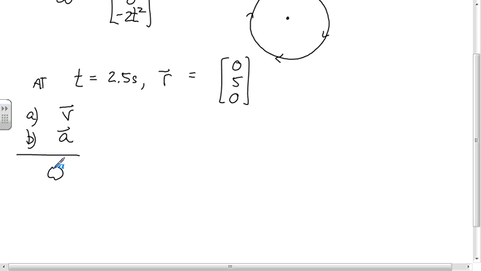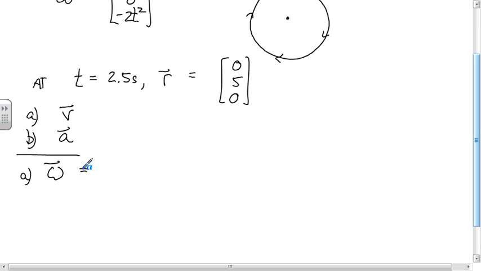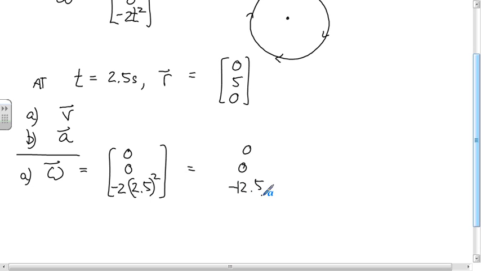And to evaluate the angular velocity, we're just going to plug 2.5 seconds into our function for the angular velocity. So we have 0, 0, negative 2 times 2.5 squared. And so you get 0, 0, negative 12.5 radians per second.